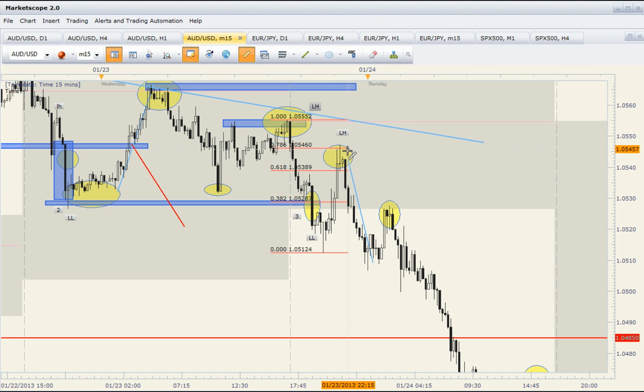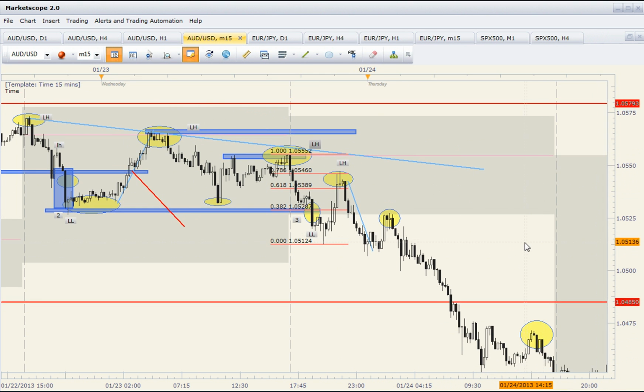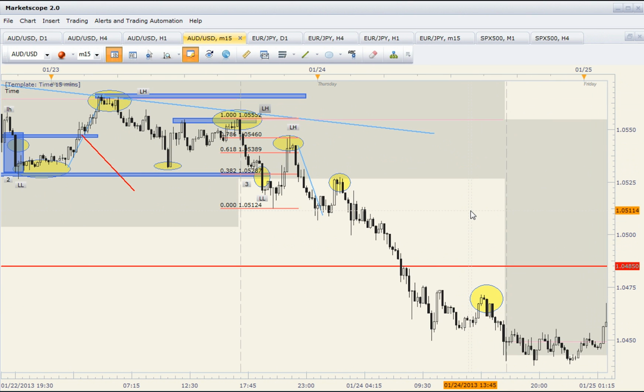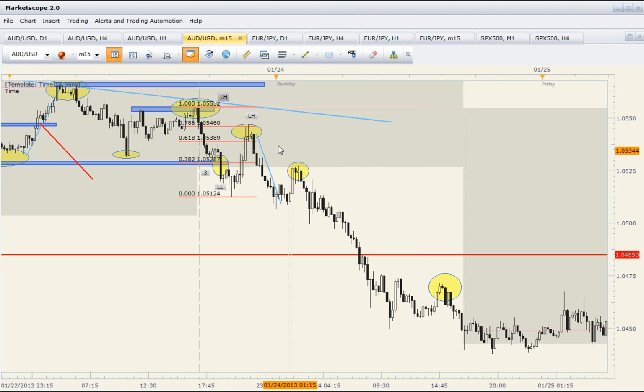Or I could bring my stop down to break even if I'm worried, but I want to gamble. Or believe in the analysis, not gamble, but believe in the analysis. If you're analyzing to this level and seeing the analysis, it's not gambling. And then look at this impulsive move.